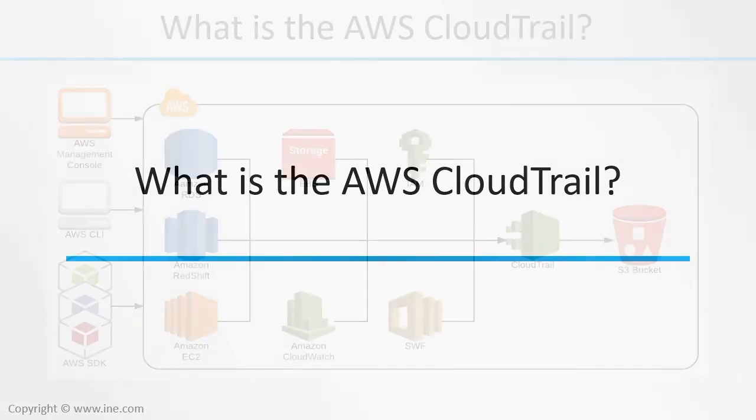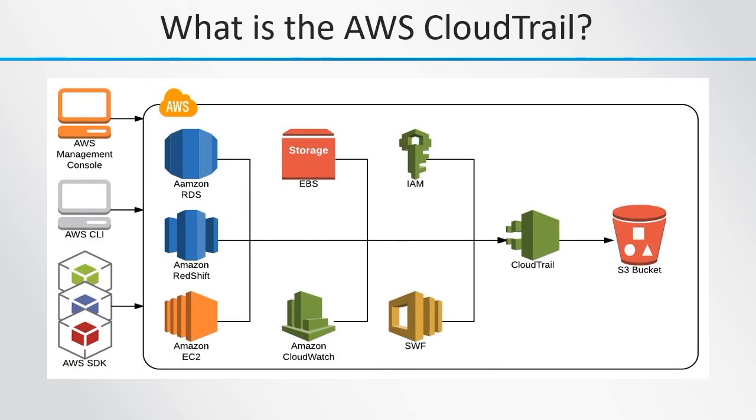So let's get started. We can think of AWS CloudTrail as a logger, a tool that logs actions to your AWS account. These actions are called events.